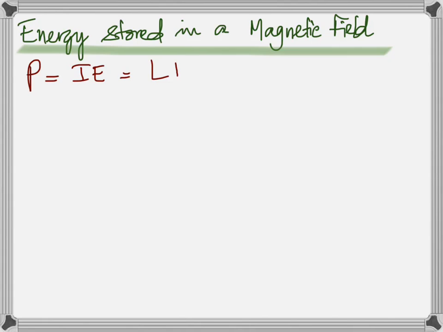Half of the formula is already up on the screen. So, I times E. What is the E? E is the EMF. It's voltage. And for an inductance, last time we saw that it is L di by dt. We wrote that formula down.